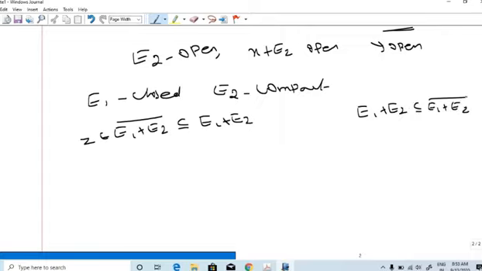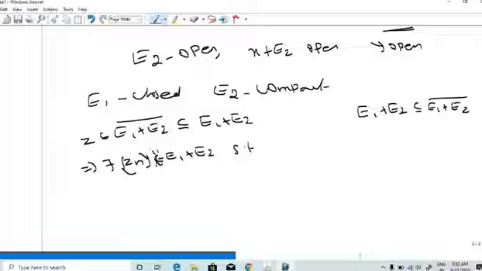Now we have to do the other containment. Suppose z belongs to the closure; it implies that there is a sequence zn in E1 plus E2 such that zn converges to z.